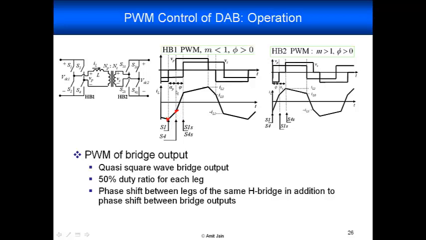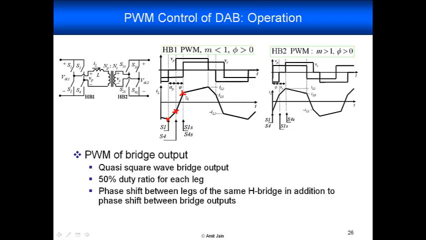What we are doing by introducing this phase shift is increasing the value of the current at the point where S4 switches, and what that does, in turn, is increase the value of the current at which S1 and S4 switch.